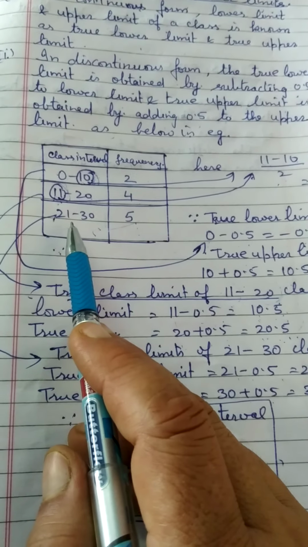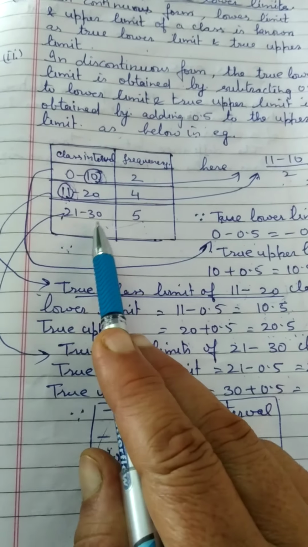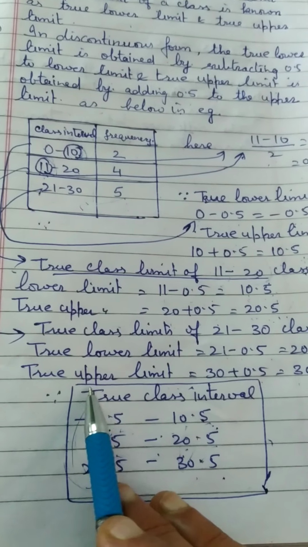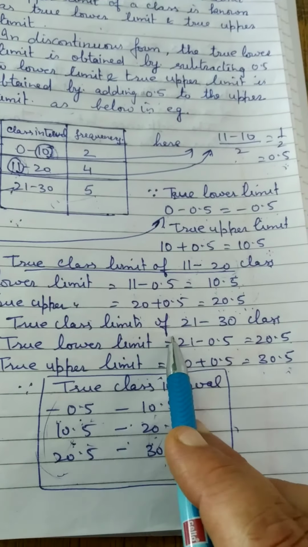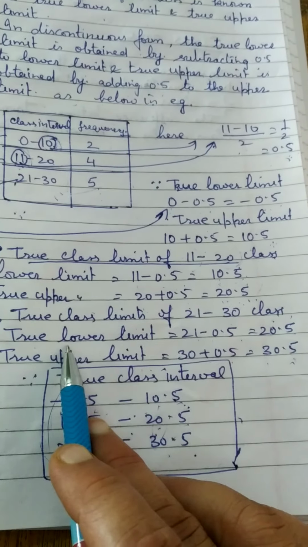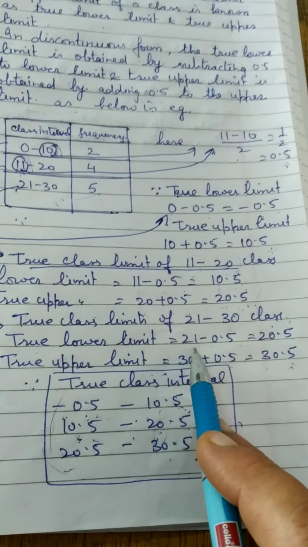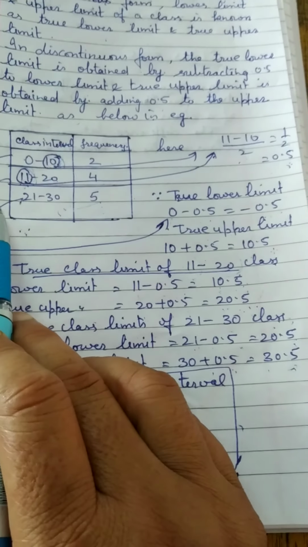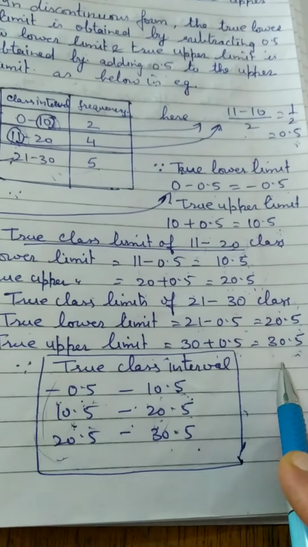For the third class interval, we have 21 minus 0.5 as the lower limit and 30 plus 0.5 as the upper limit. See here, the true class limits of the 21 to 30 class will be 21 minus 0.5, 20.5, and 30 plus 0.5, 30.5.